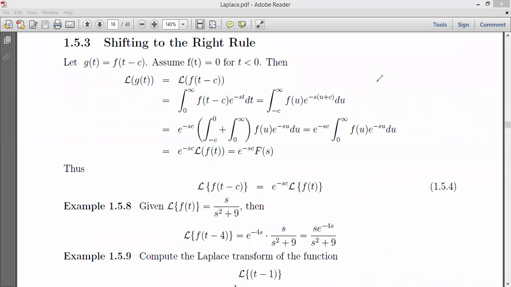If you recall, in the previous lecture, we looked at how you could determine or establish the Laplace transform of any given function, and that was based on the theorem that we had stated.